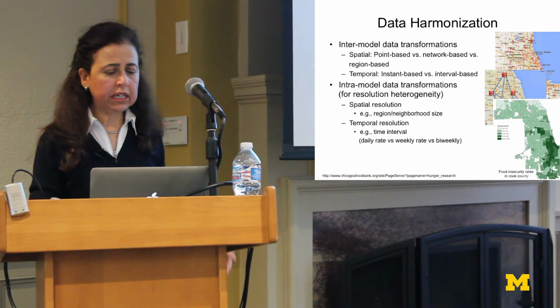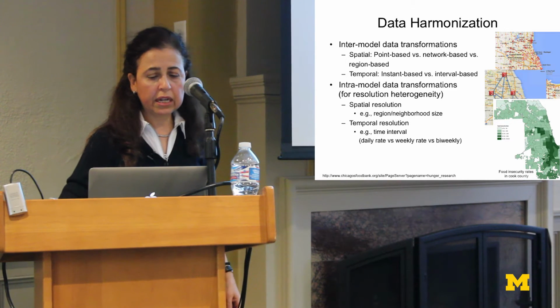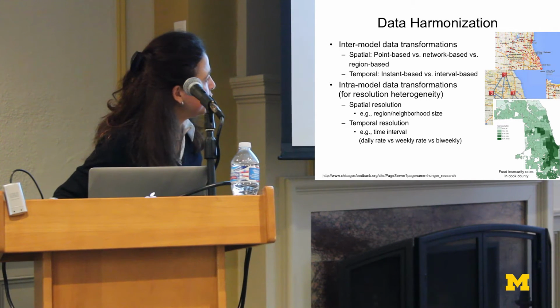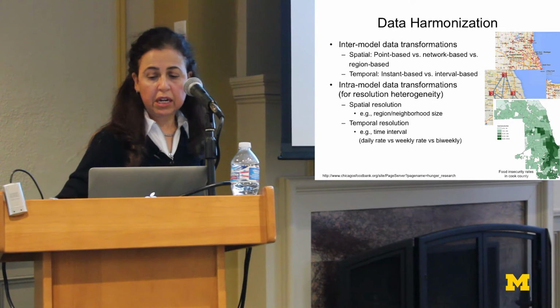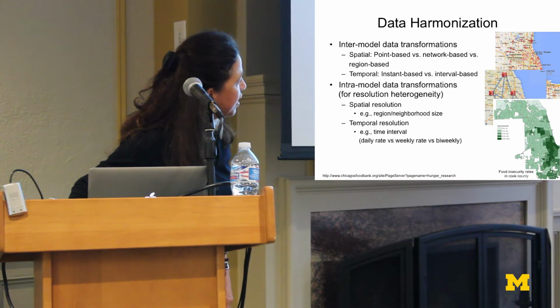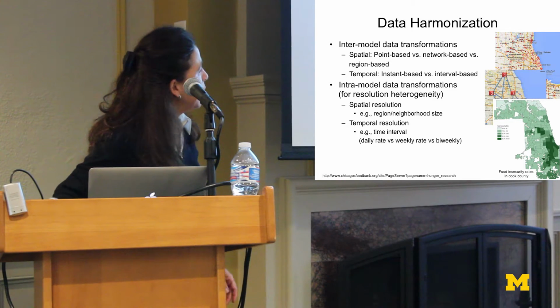Now the next thing has to do with space and time, that I call here data harmonization. And it has to do with the heterogeneity of all our data sets. So the first one is about point data, then we have trajectories, then we have regions.